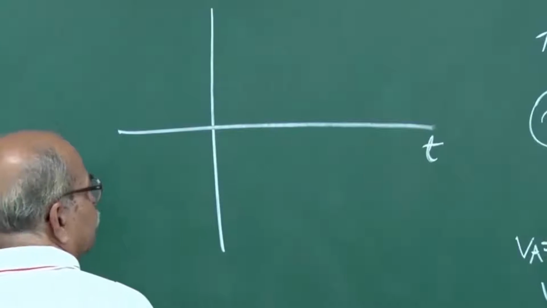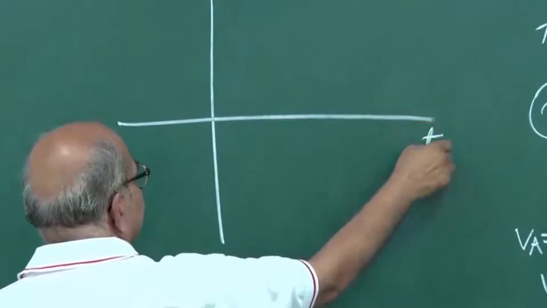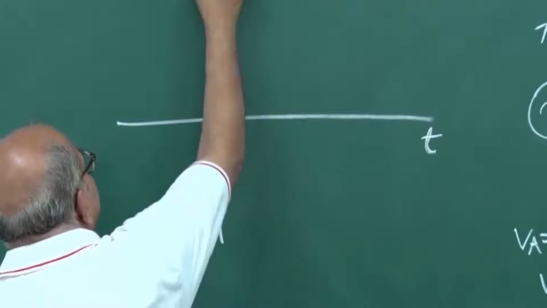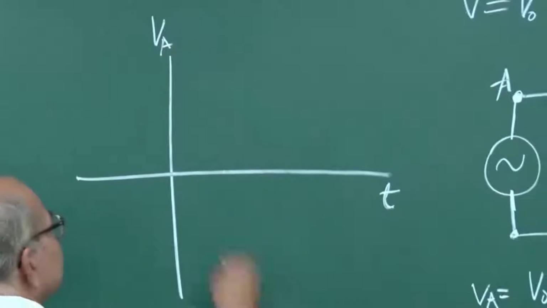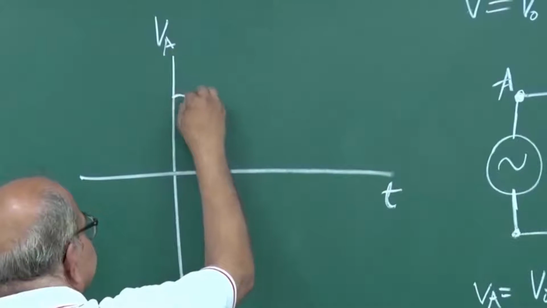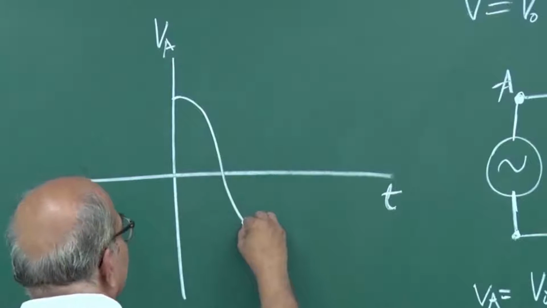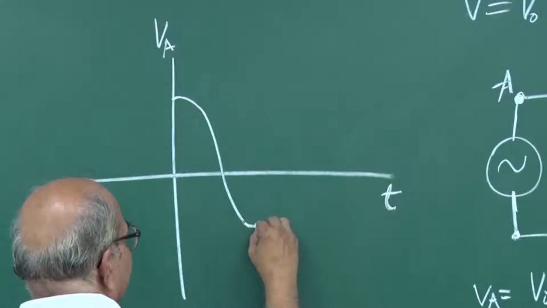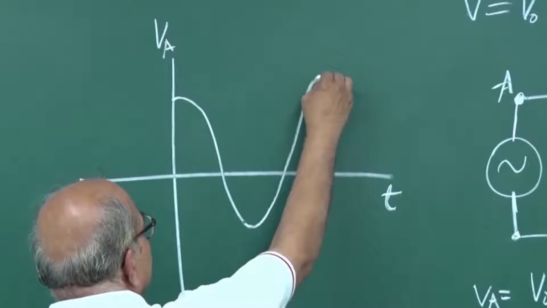If I show this voltage on a graph, with time this side and VA this side, it's just V naught cos omega t, so it is like this. I should go to the same height and all those things, which I will not be able to do.